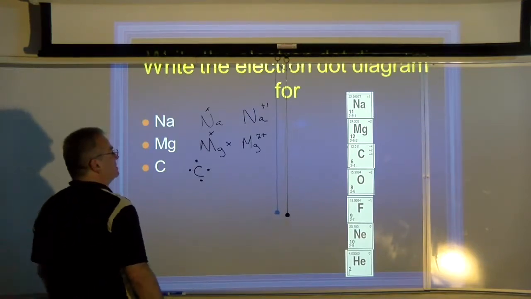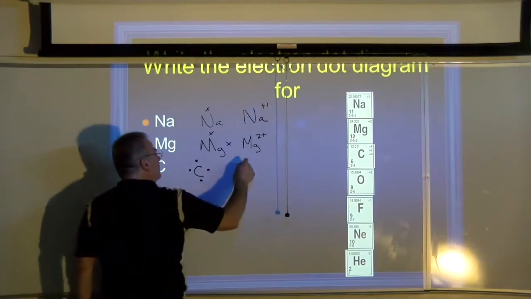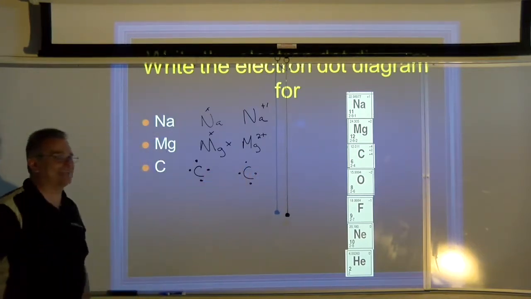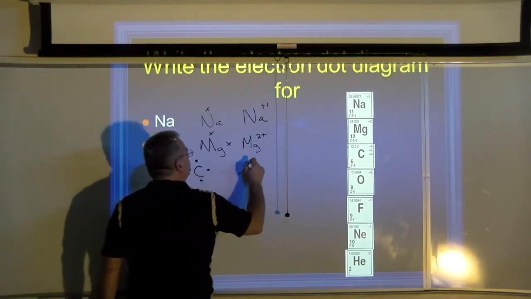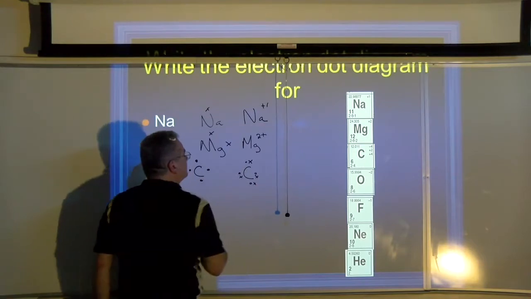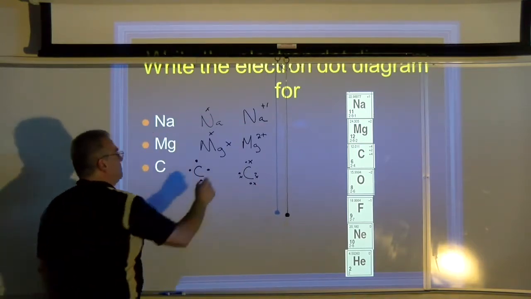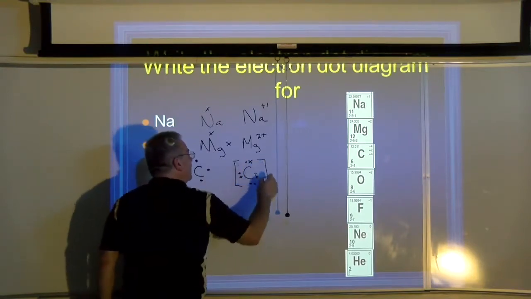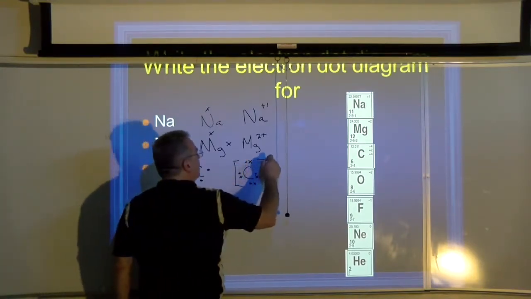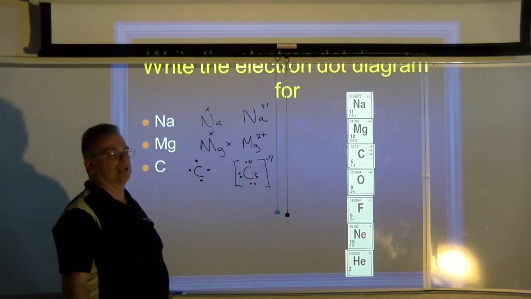If it becomes a carbide ion, not only will it have its original 4 dots, but typically it's going to take electrons from a metal, and what you can do is put X's as the electrons that it took from those metals, and then you place the ion in a bracket, and you put the charge of the ion in the upper right hand corner. So that would be like a carbide ion.